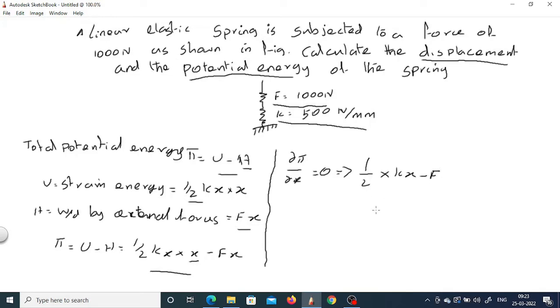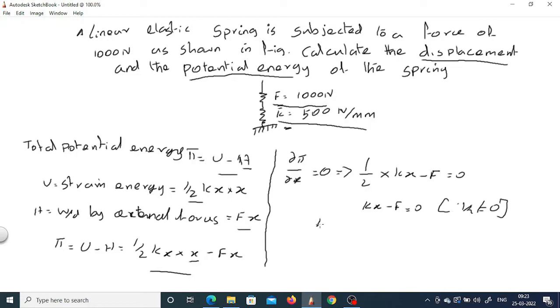Finally, the equation can be written as kx minus F is equal to 0, because the 1 by 2 does not change the equality to 0, so I can remove it. The equation is kx minus F is equal to 0. In the problem we already have the stiffness value k and the force value F, so we can substitute them into the formulated equation.